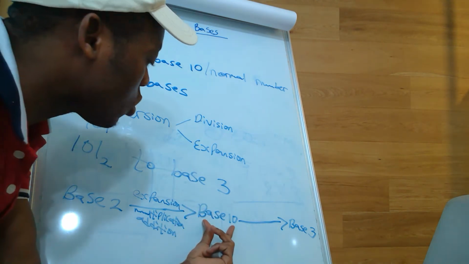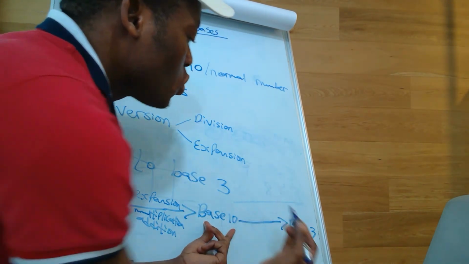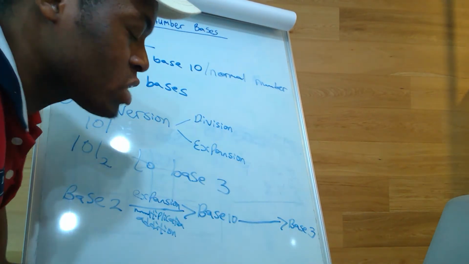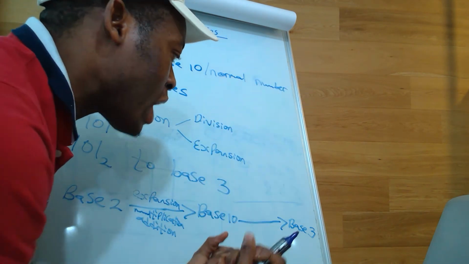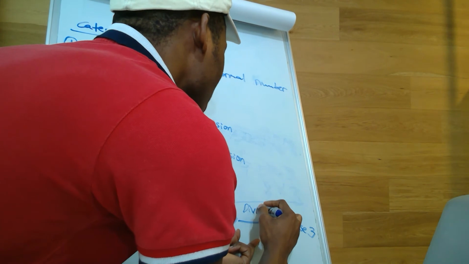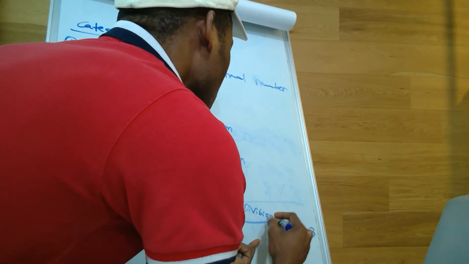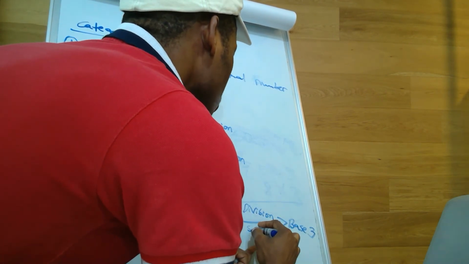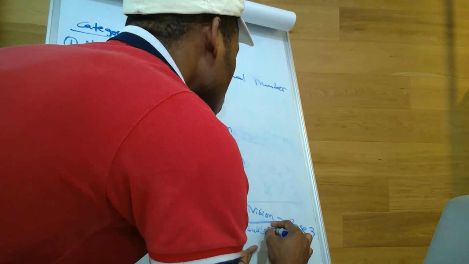Now, the other one is from base 10 to base 3. You are making it smaller. That is, you are doing division here. And if you look at it, you are not only doing division, you are doing division and subtraction.